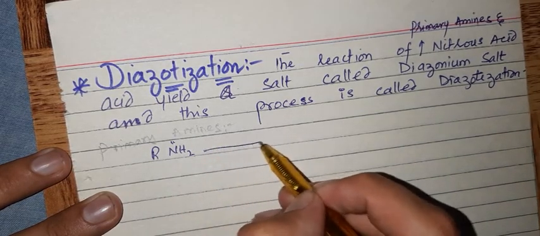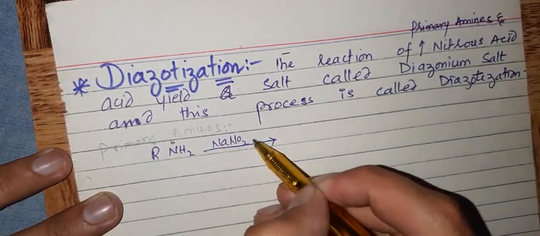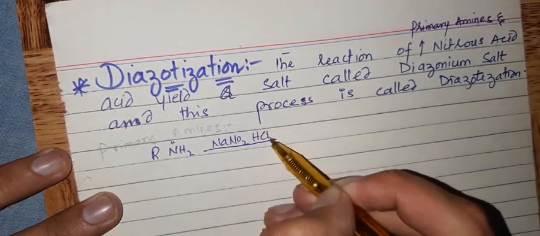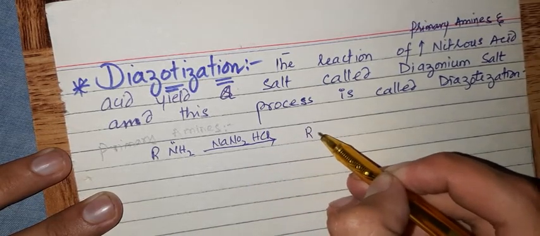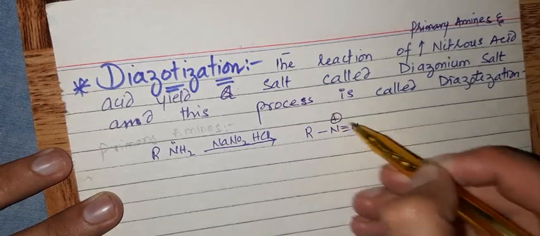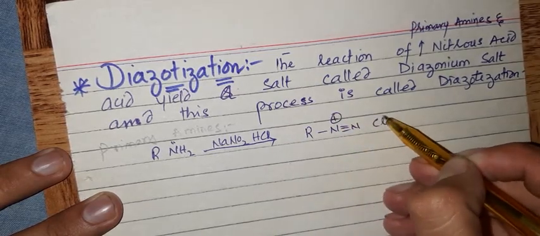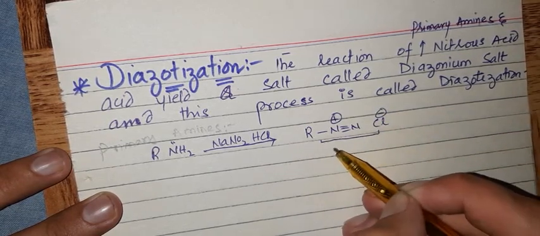RNH2 in the presence of sodium nitrite and mineral acids like HCl, we are going to get R-N triple bond N and Cl minus. This species is called diazonium salt.